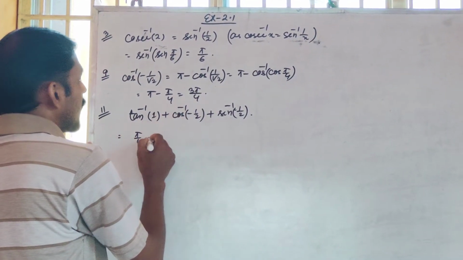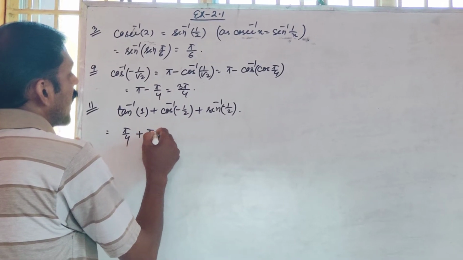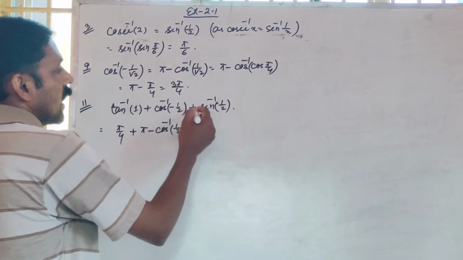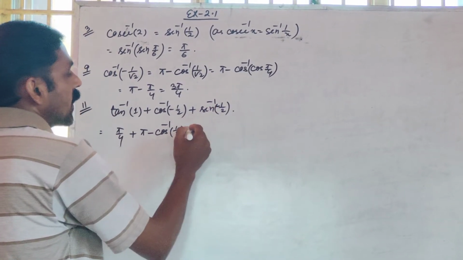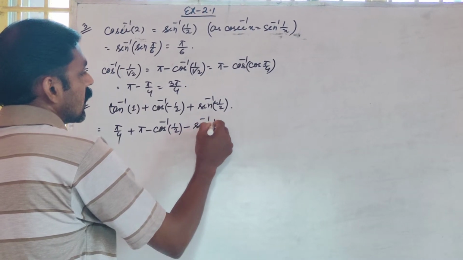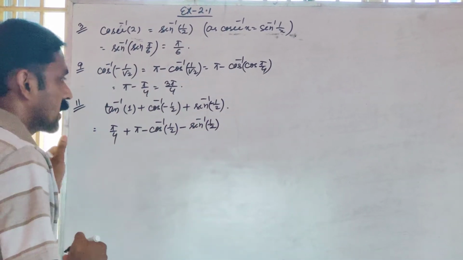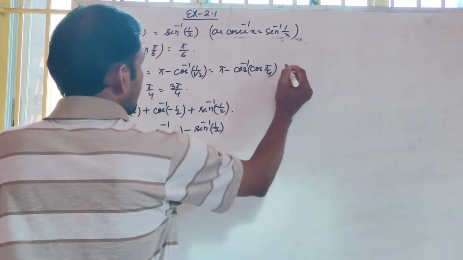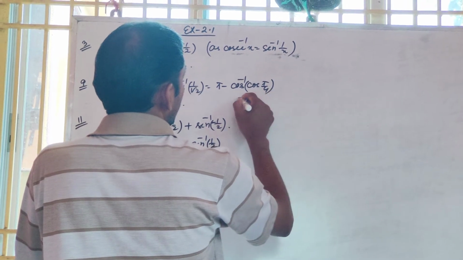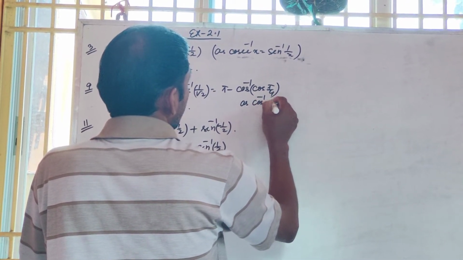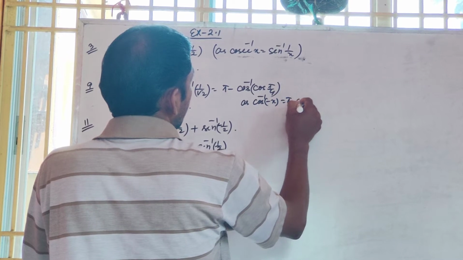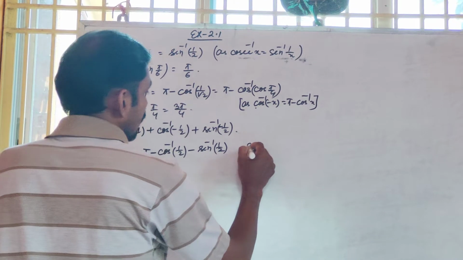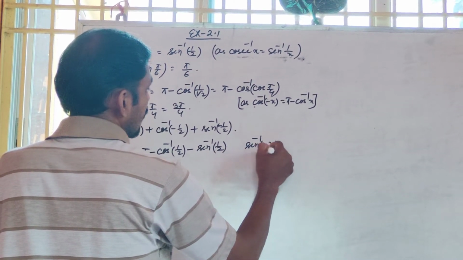Then cos inverse minus x is again pi minus cos inverse x, and sin inverse minus x is minus sin inverse x. Here, you can write that cos inverse minus x is pi minus cos inverse x, and sin inverse minus x is minus sin inverse x.